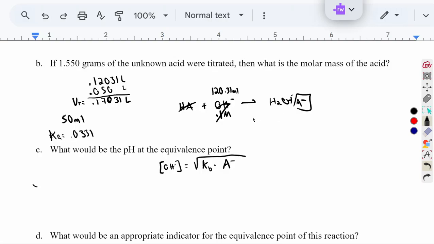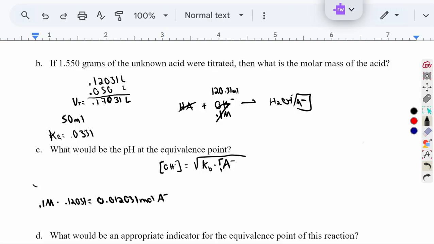Well, if I had 0.1 molar NaOH and I put in 0.12031 liters, then this will tell me how many moles of NaOH I put in there, which would be 0.012031 moles. This is also the amount of A minus that was created.